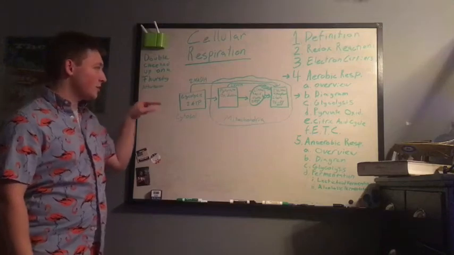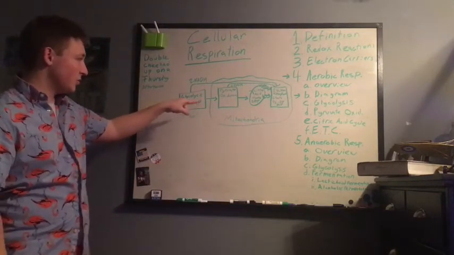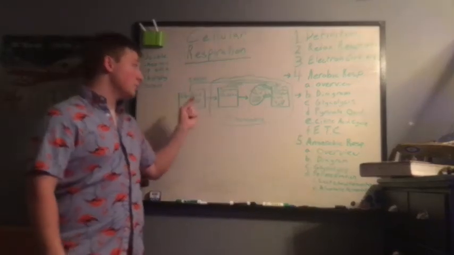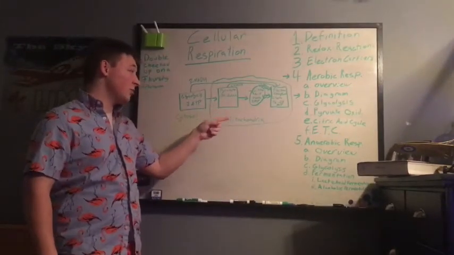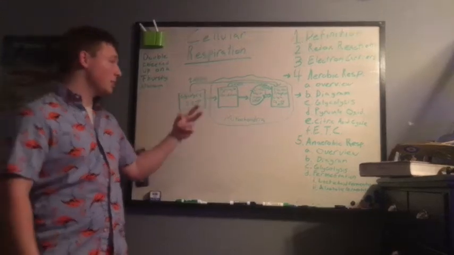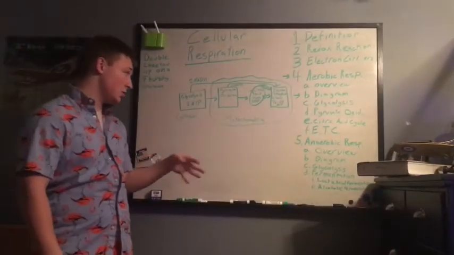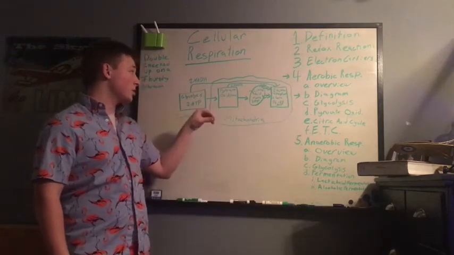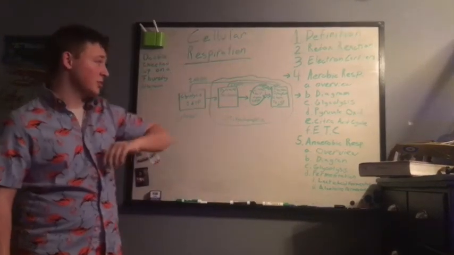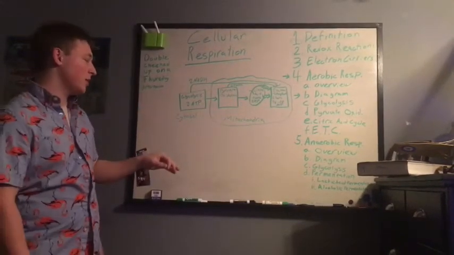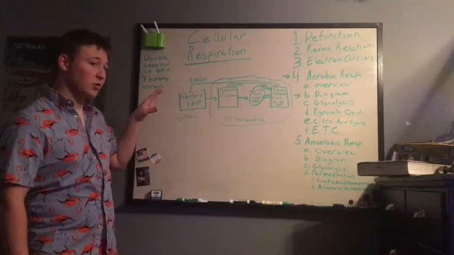Then the pyruvates go into pyruvate oxidation, which produces 2 NADH in the mitochondria. Then it goes to the citric acid cycle with acetyl-CoA, and that produces 2 ATP, 6 NADH and 2 FADH2, and then all of those electron carriers go into the electron transport chain, which produces 26 to 28 ATP depending. And this is just for glucose.